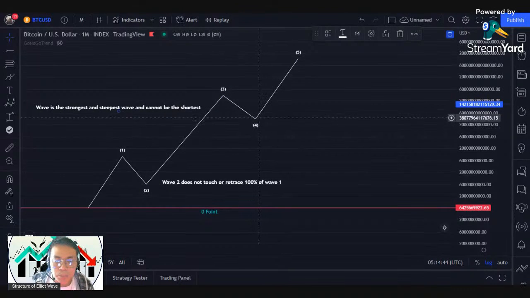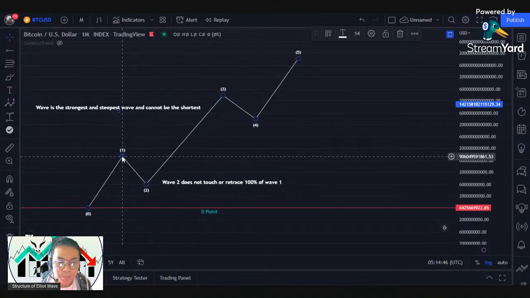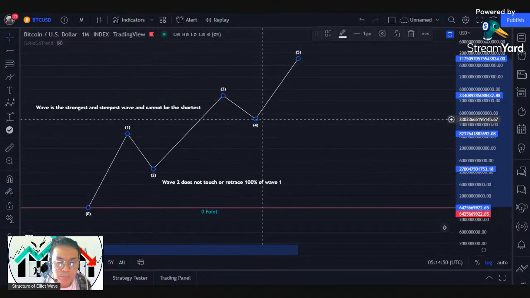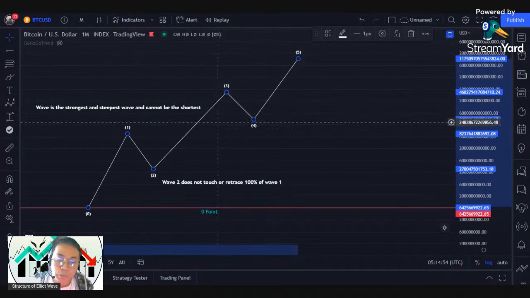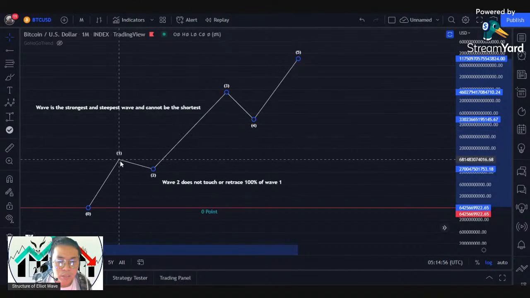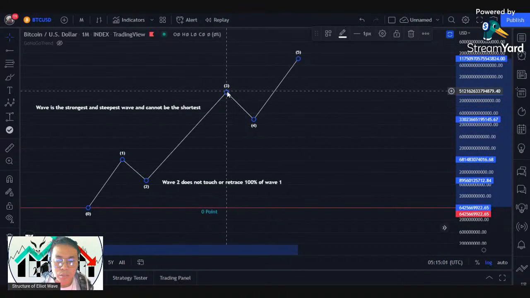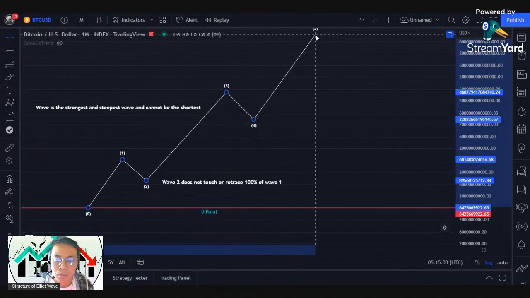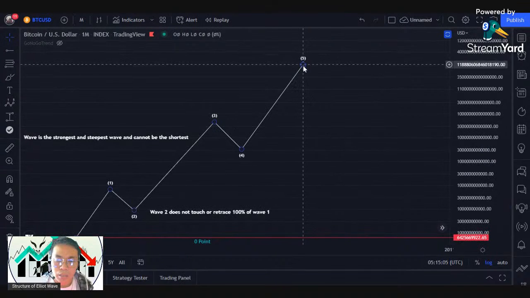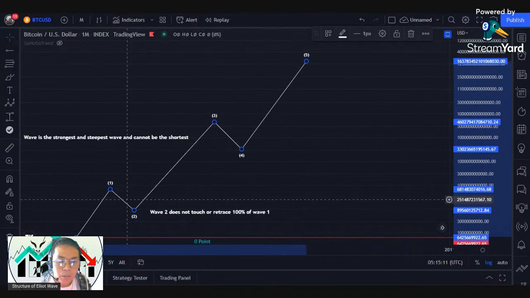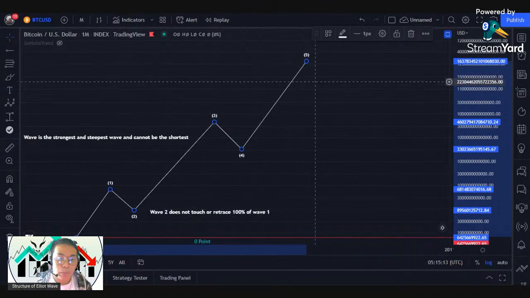For example, this one can be the longest wave, but wave 5 is shorter than wave 3. Then we can have this also: wave 5 can be stronger than wave 1, but wave 1 must be shorter than wave 3.